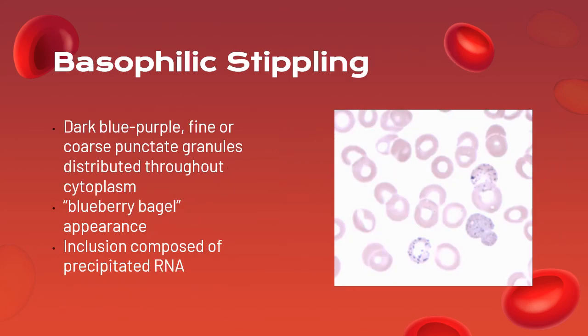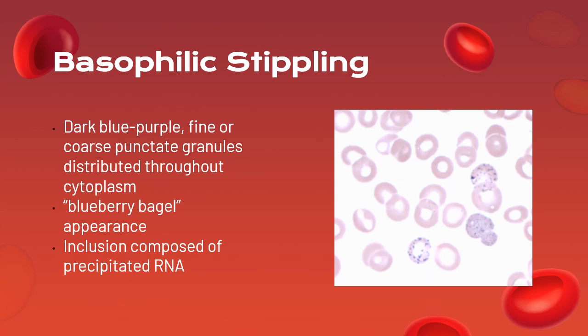Okay, so basophilic stippling, okay, so dark blue, purple, fine or coarse punctuate granules distributed throughout the cytoplasm. Ang kanyang distinct characteristic is the blueberry bagel appearance. Okay, so nangyayari to kapag yung RBC has precipitated RNA.